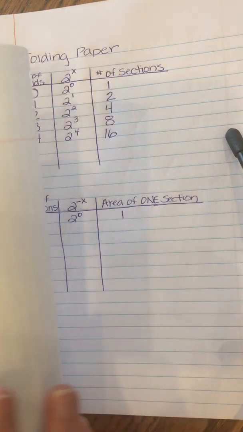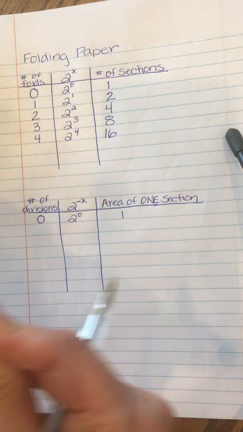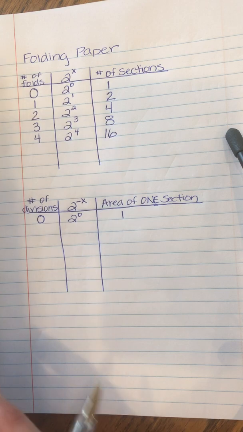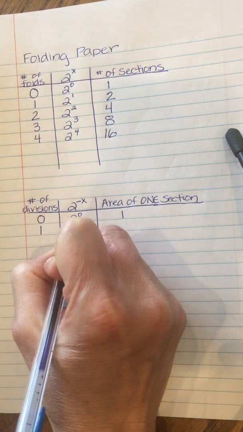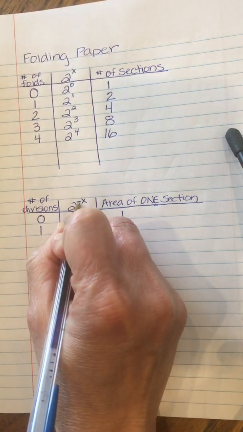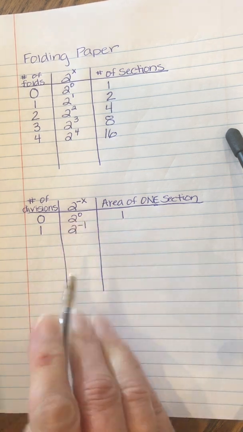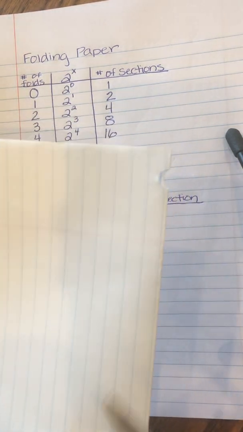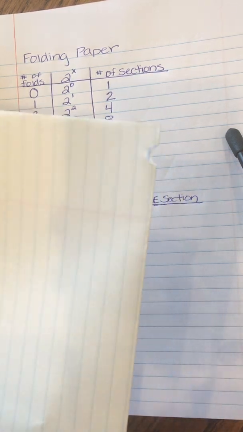Let's go ahead and put in one fold or one division. And now keep it folded like this so you can see what we're talking about. I have one division. You will see that it's a negative x. What is the area of this one section now that I have showing to me?